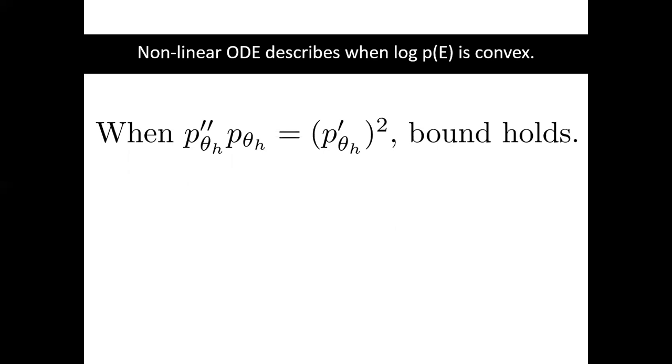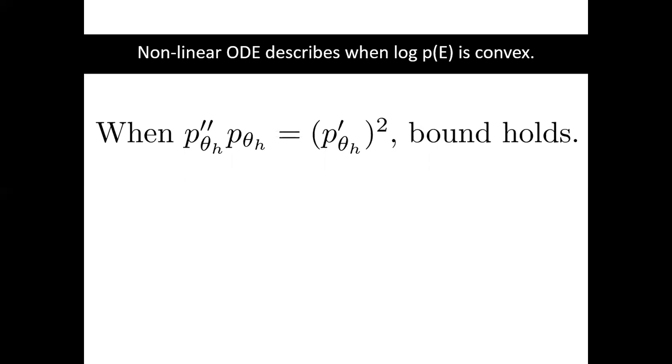The great news is that we simply have to solve this equation: we simply have to find emission densities whose second-order derivative times the function is equal to the first-order derivative all squared. But the terrible news, of course, is that this is a nonlinear ODE, so there's actually no general guarantee that you can find analytical solutions to these.